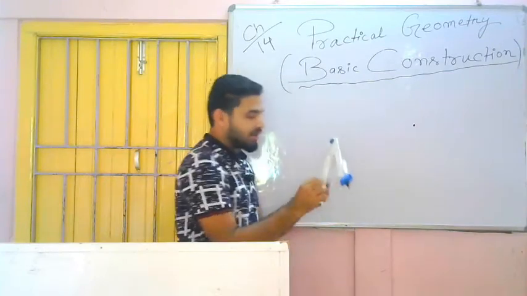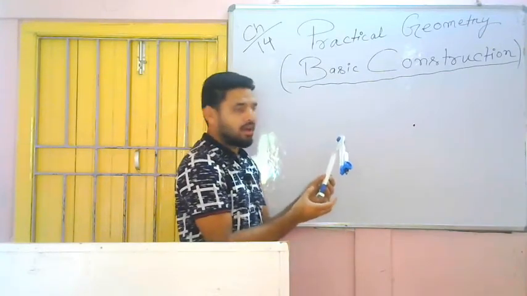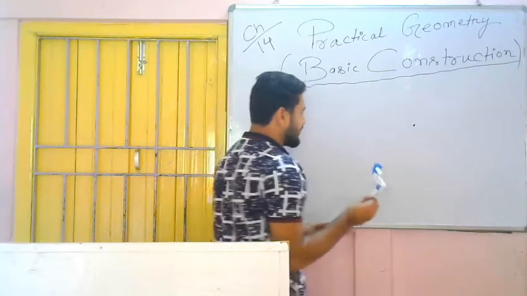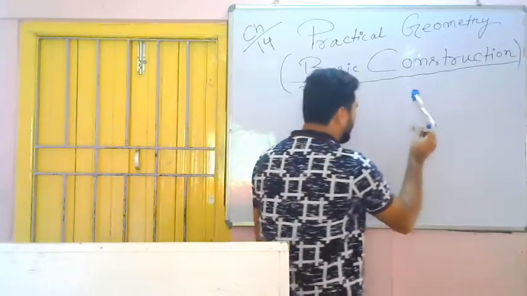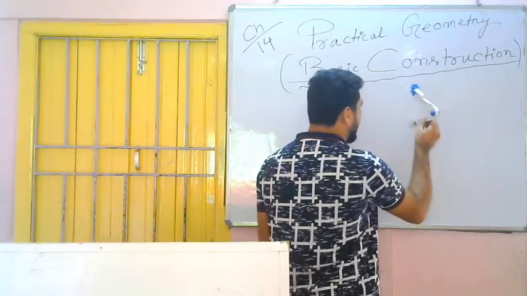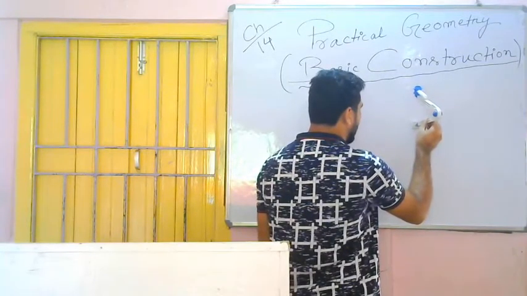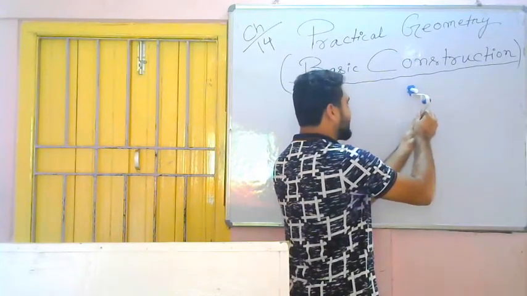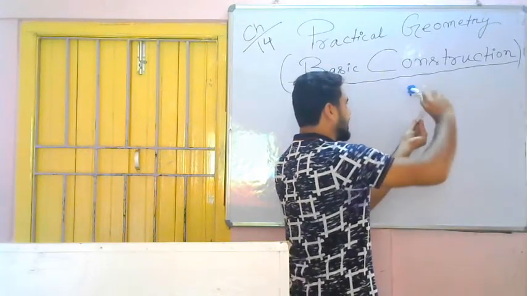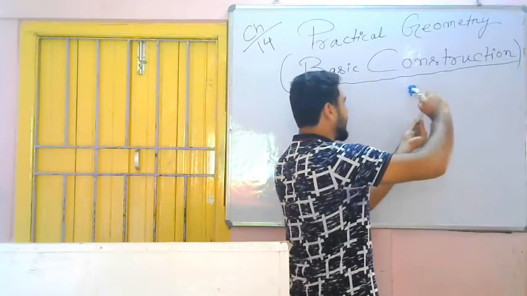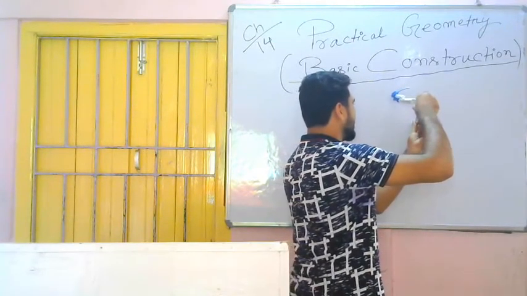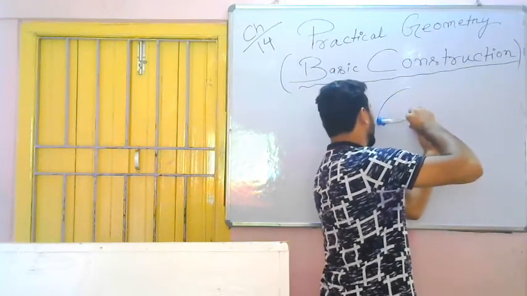Don't change the position of the compass needle and the pencil. Then place the compass needle at the center, like this, and draw a circle, like this.